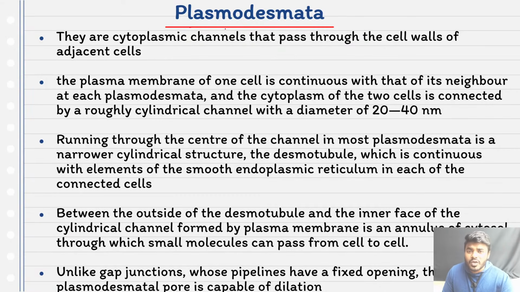Friends, the moment you hear the name plasmodesmata, two statements have to come to your mind. What are the two statements? One is called the symplastic pathway. That is the first point you have to keep in mind. And friends, the second point you have to remember is that plasmodesmata act as a cytoplasmic bridge.